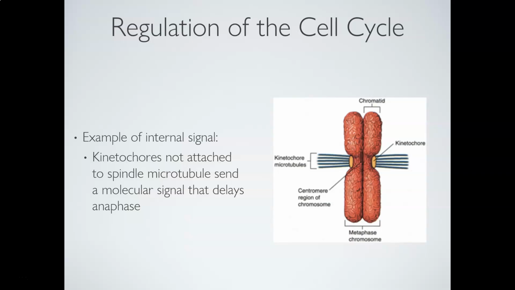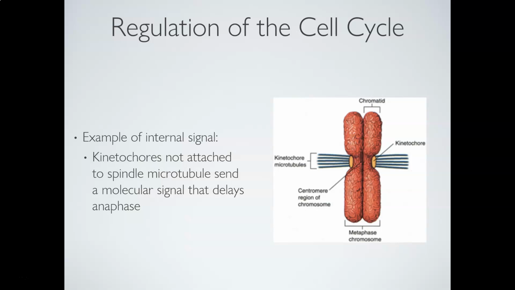But until that kinetochore spindle fiber attachment occurs, those molecular signals continue being sent out, keeping the centromere proteins attached until all of that is connected and we can accurately separate those sister chromatids.